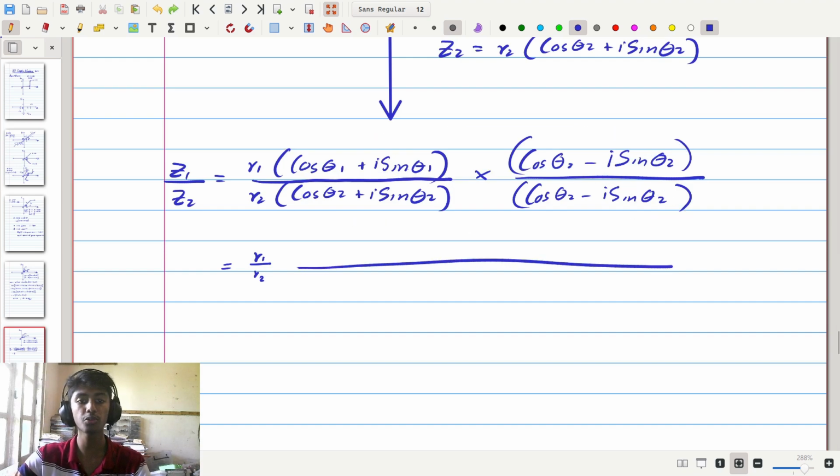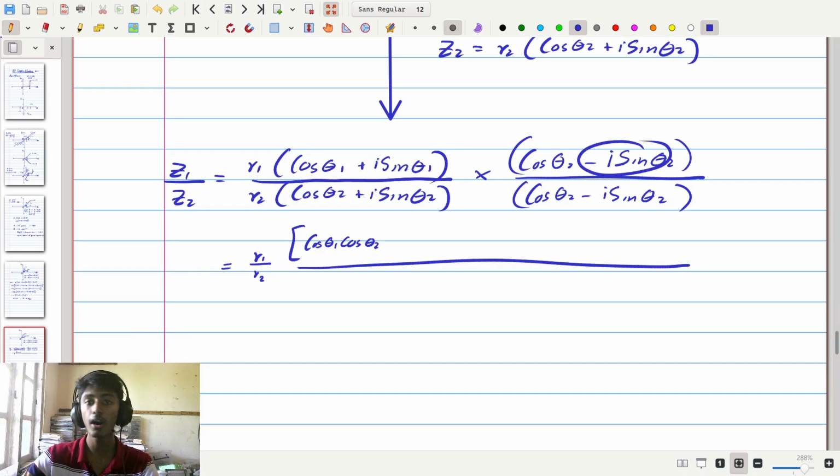Now, if we first do the numerator and consider drawing a big square bracket here and consider each of the terms in the numerator, we can see we have 4 terms, and the first term is going to be cosine theta 1 times cosine theta 2. So we have cosine theta 1 cosine theta 2. The second term is going to be cosine theta 1 times negative i sine theta 2, so I can write negative i cosine theta 1 sine theta 2.